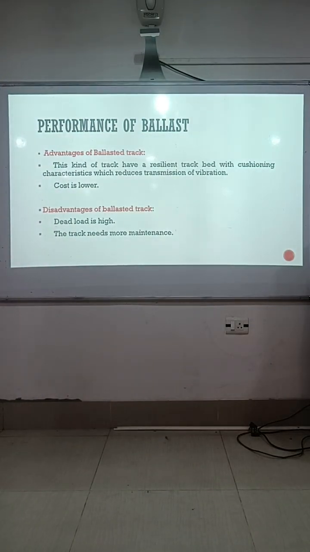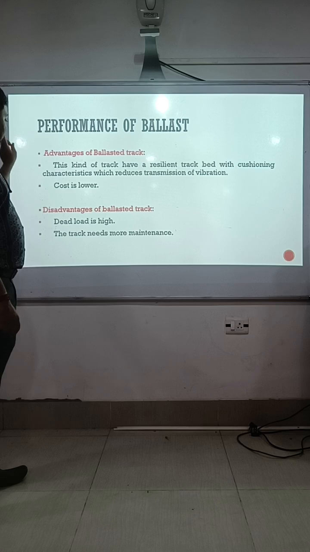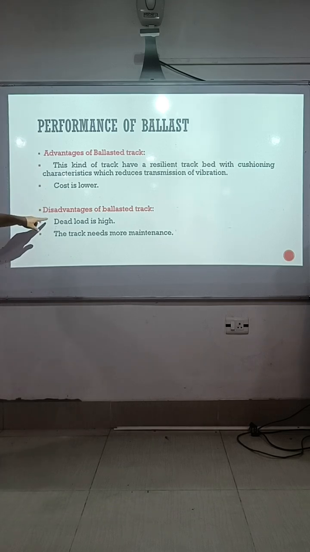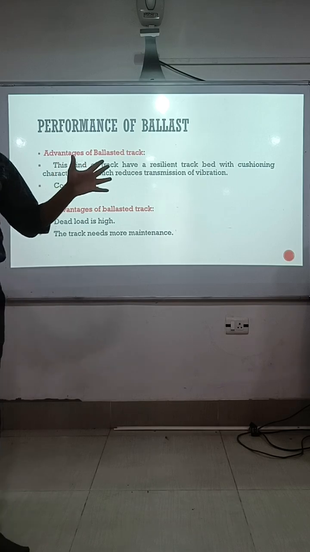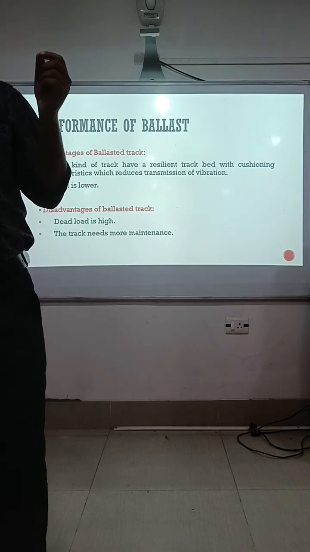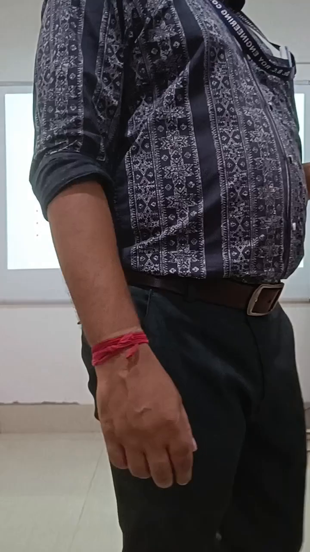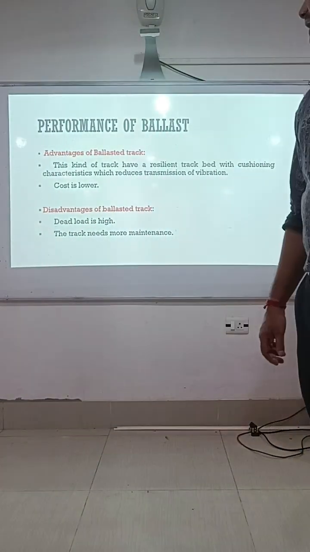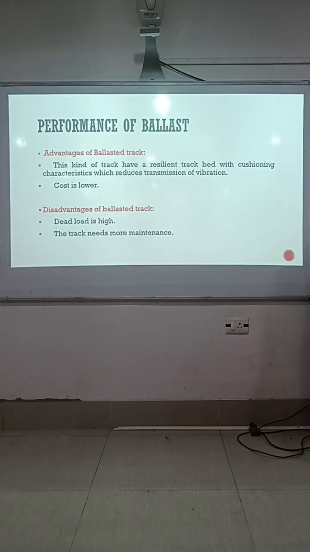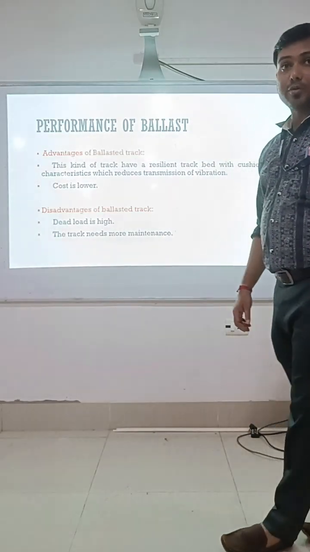So the maintenance cost for these ballasted tracks is very high, and the dead load, meaning the total load of the tracks and the ballast, is obviously very high. If there is no ballast, there is no dead load for the ballast. So this kind of ballast will increase the dead load. What is the effect of dead load?